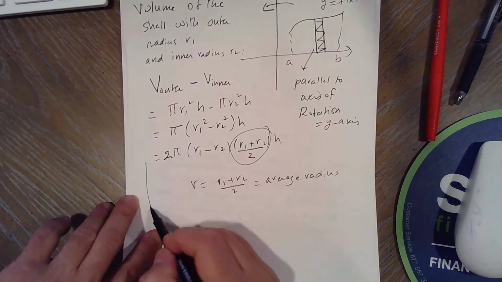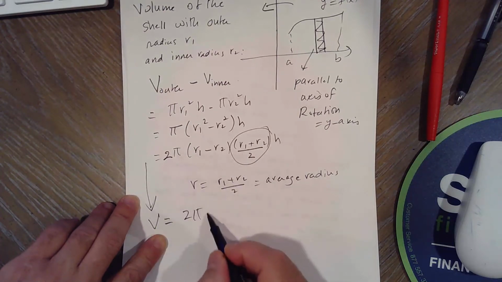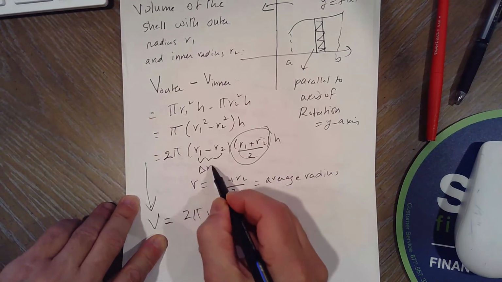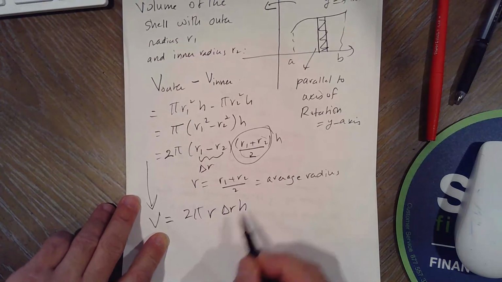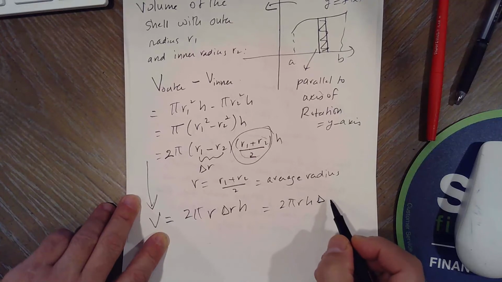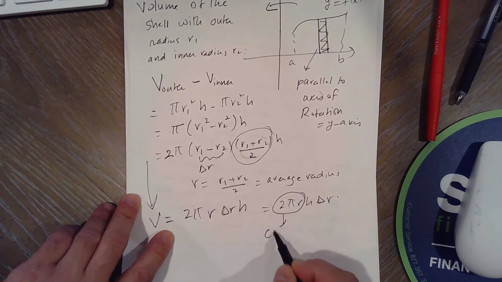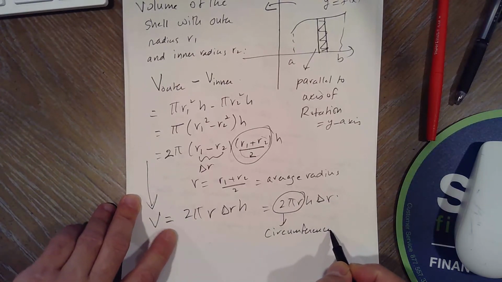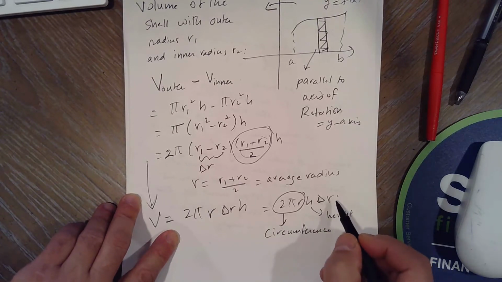And then we would say V equals 2 pi r, that's the average radius r, and this is delta r, the change in r, as we know, like delta x, and then h, or 2 pi r h delta r, where 2 pi r is the circumference of that circular top or bottom, h is the height, and delta r is the thickness.